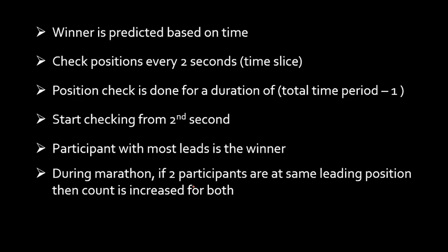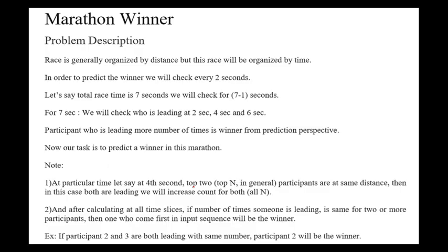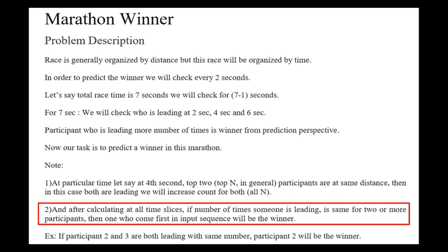Now look at the second point in the note. After calculating at all time slices, if the number of times someone is leading is the same for 2 participants, then the one who comes first in the input sequence will be the winner. Your input sequence contains 4 participants: 1, 2, 3 and 4.